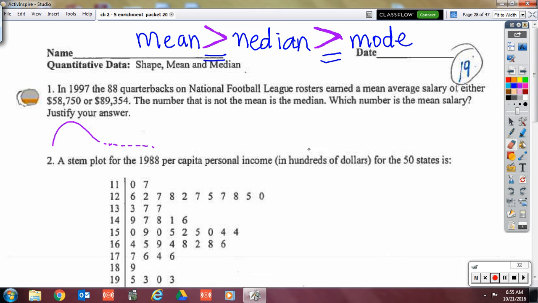Okay, I think most people can see that you're going to have a few of these upper outliers. Some people get paid a whole bunch when the others are kind of clustered down there together. So since this is skewed right, we know that the mean is greater than the median.